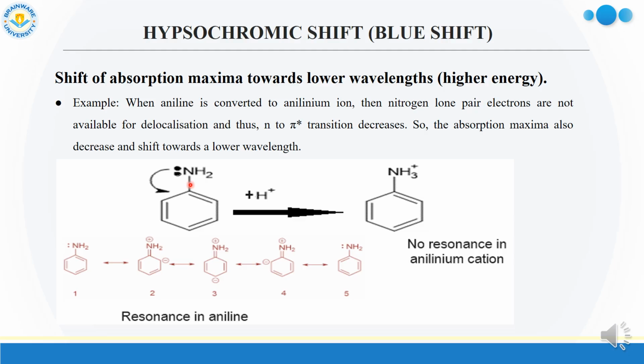If we treat this aniline with acid, it will form the anilinium cation and resonance will decrease because the availability of this electron pair will decrease. If resonance decreases, the energy of the system will increase. So the absorption maxima will shift towards lower wavelength, and this is called blue shift.